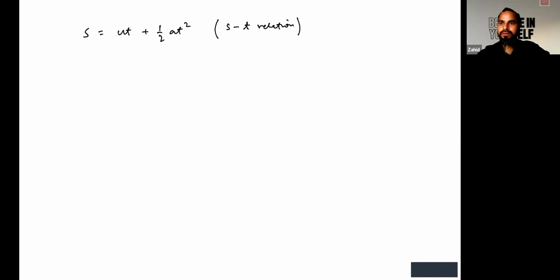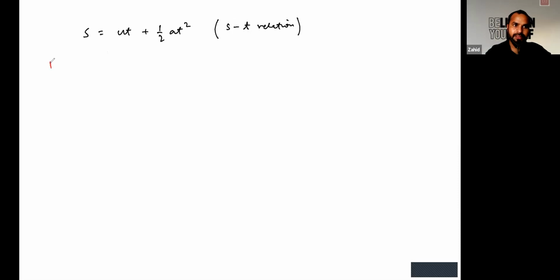The next equation of motion is s is equals to ut plus half at square. s is displacement and t is time, so we call this particular relation the displacement time relation. Using this, you can define velocity.